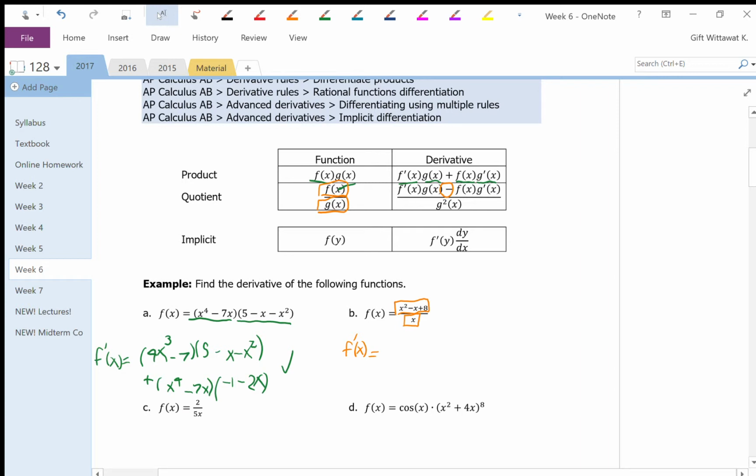That's going to be the derivative of the numerator, 2x minus 1, times the denominator, which is x, minus the numerator, which is x squared minus x plus 8, times the derivative of the denominator, which is just 1. The whole thing over the denominator squared, which is just x squared. So this is the result of the quotient rule.